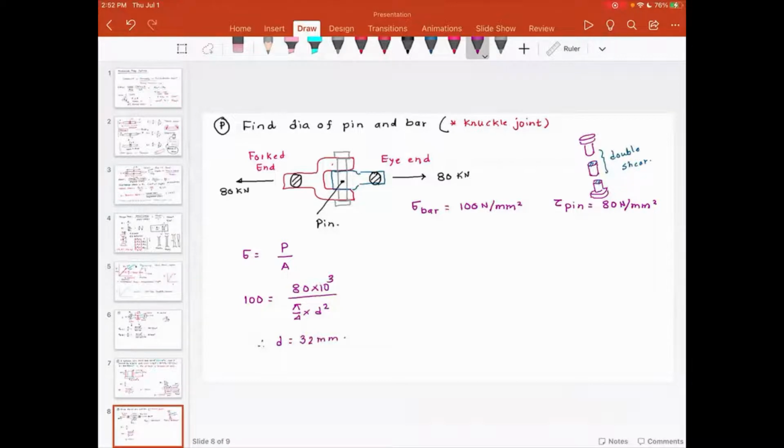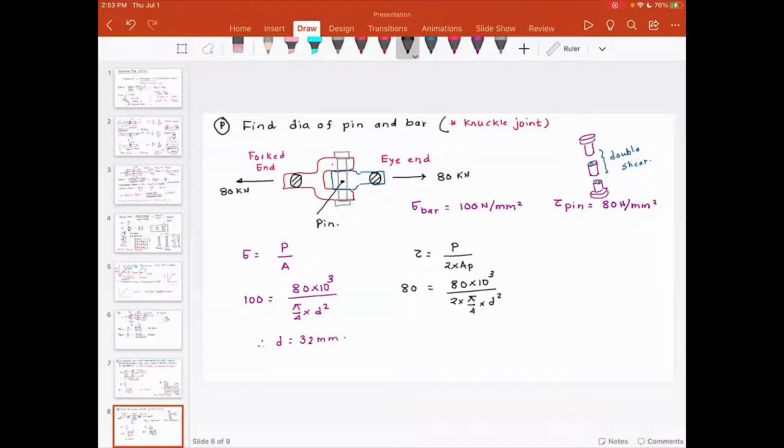Now, if you are going to look at the pin, it is going to fail in shear. So it would be tau is equal to P divided by 2 times area of pin, which is 80 divided by pi by 4 d square.